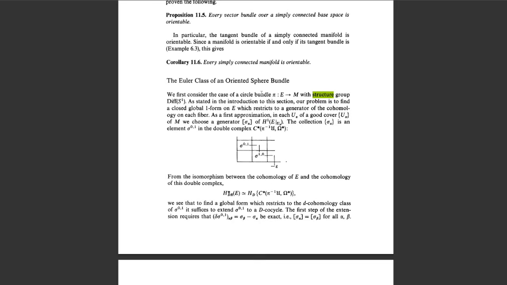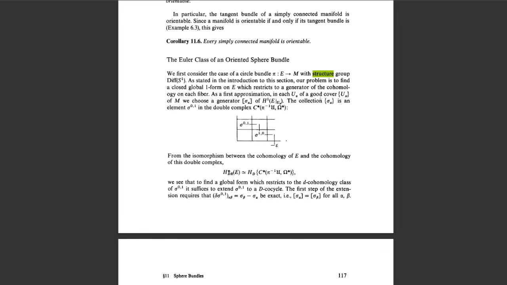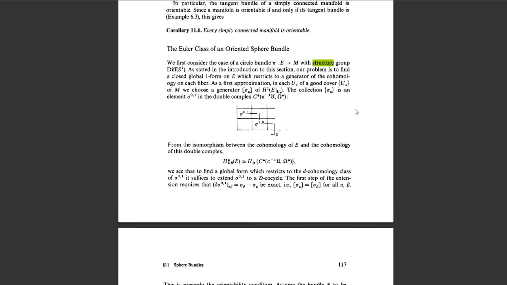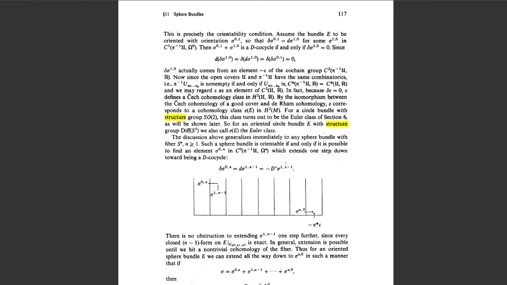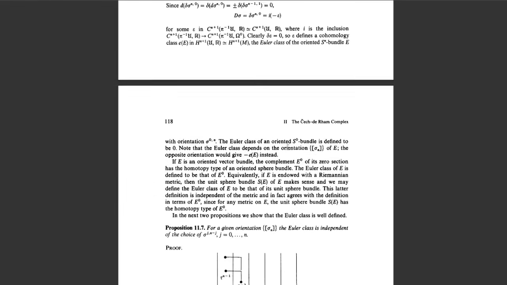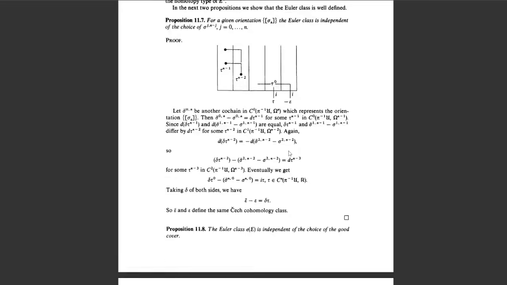So if we consider a circle bundle with a structure group, this is basically the language of instantons. If we wanted to look at the trivialization of a U(1) bundle, which I don't know if they compute in here, last time I checked it's just the general construction. That'd be a good exercise.